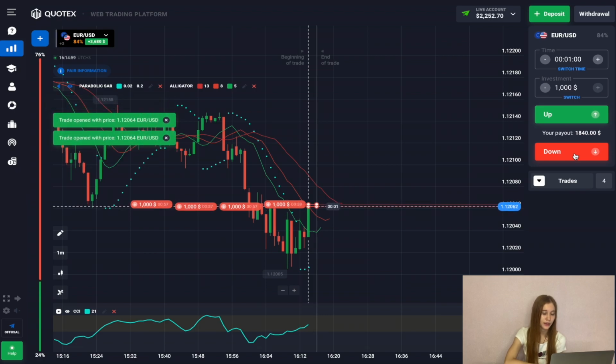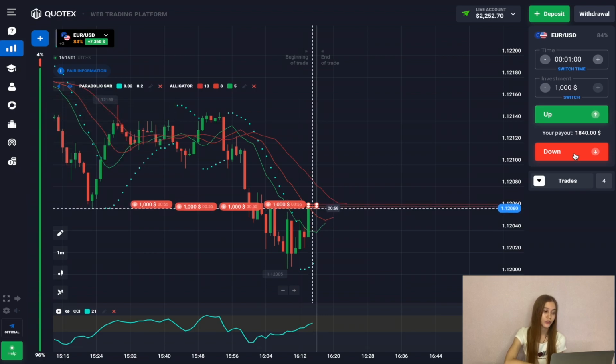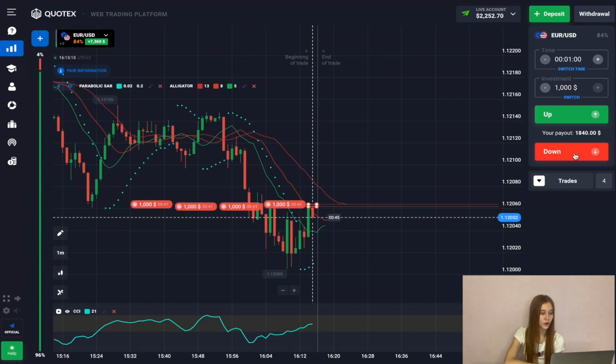Here we can open 4 trades for decline at once, as we see that we have a sequence of candle patterns repelling from the support and resistance lines formed on this chart by the candle patterns and its sequence.